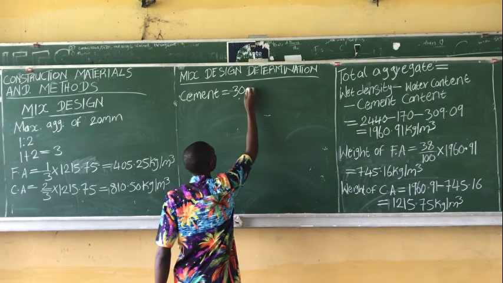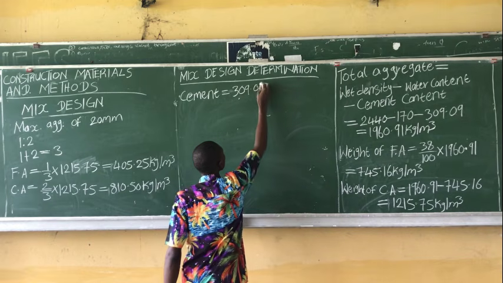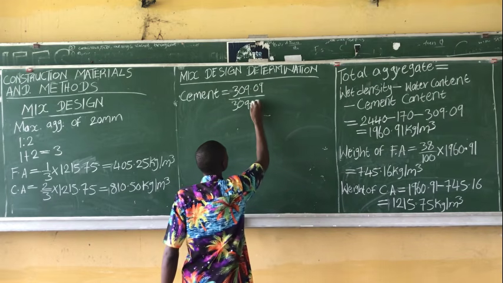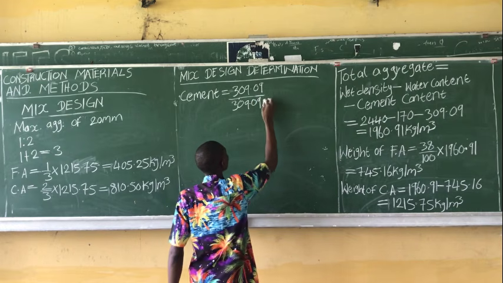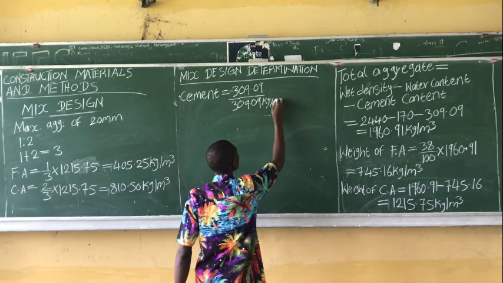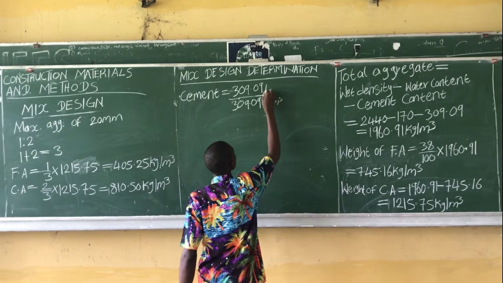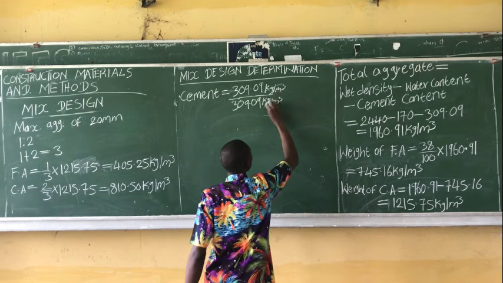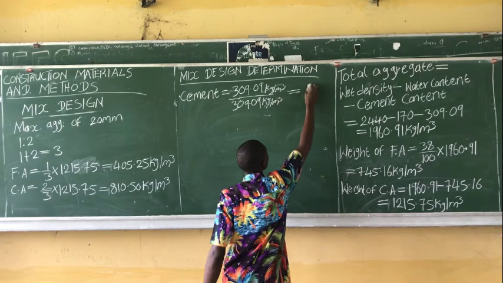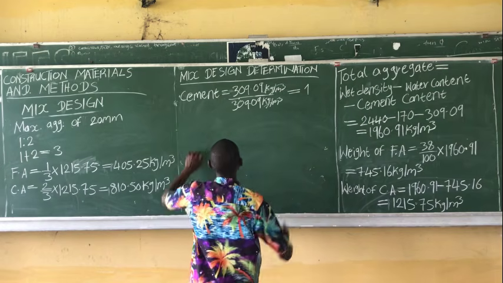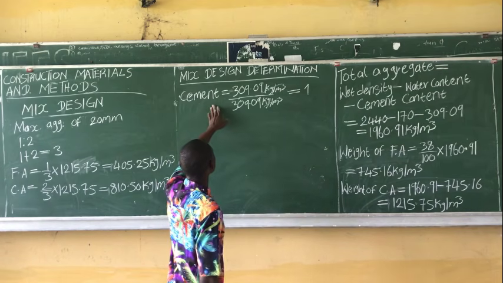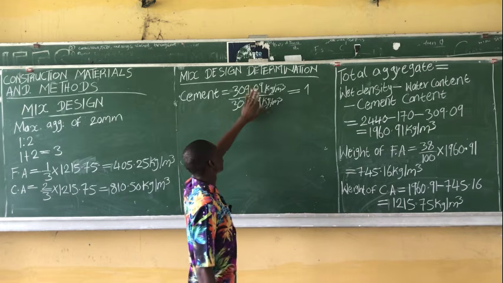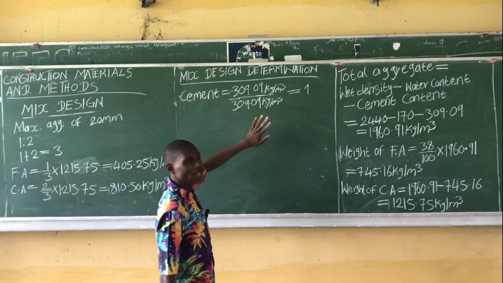This is 309.09 divided by 309.09. This is in kilogram per meter cube, and this also is in kilogram per meter cube, so the units cancel out and we have 1. So the ratio for cement is always 1, because we divide every other weight by the weight of cement.